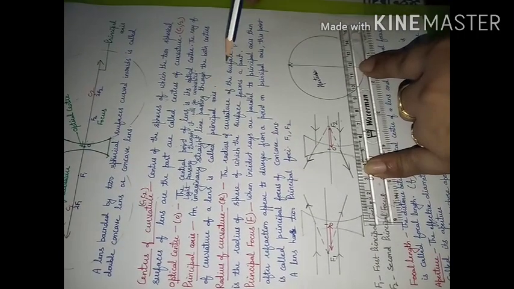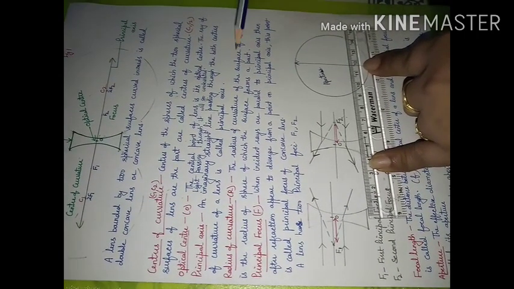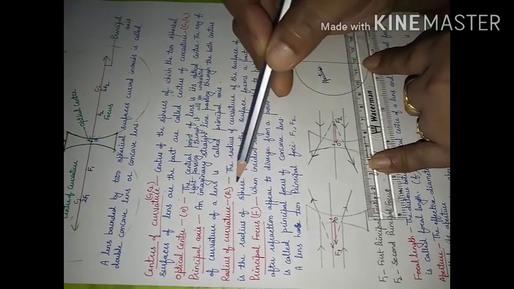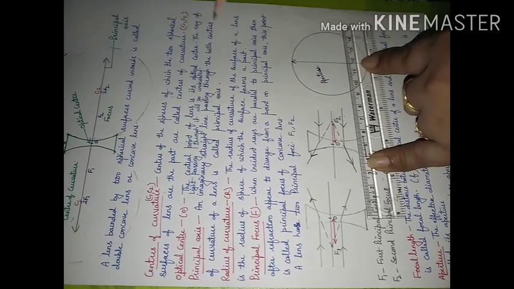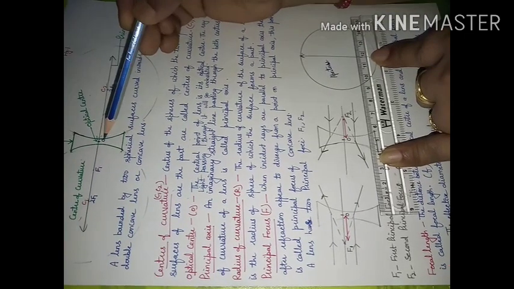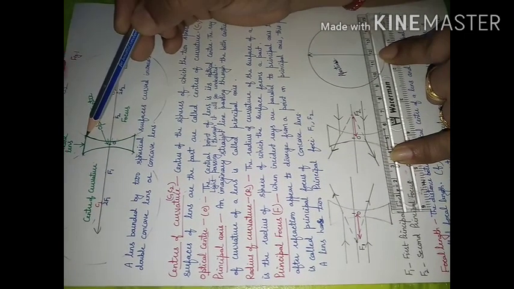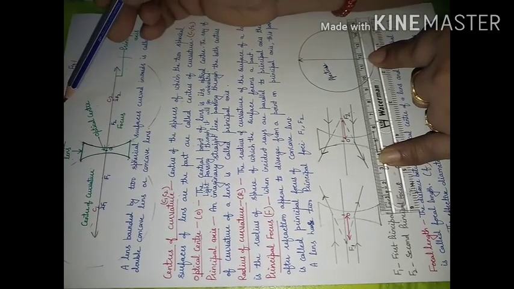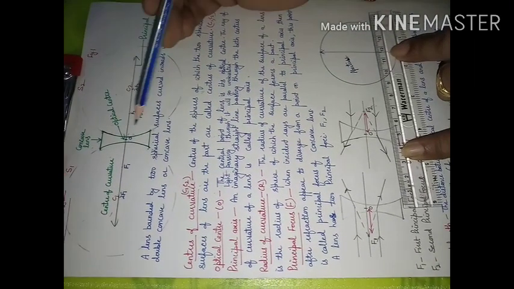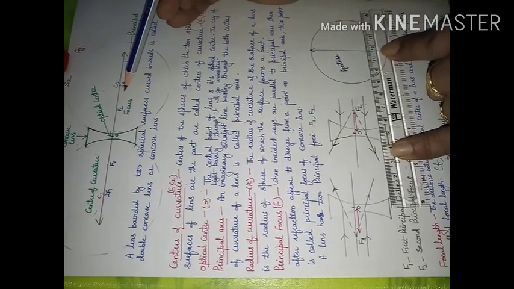The radius of curvature of a spherical surface of a lens is the radius of the sphere of which the surface forms a part. This is one surface of the lens, and this surface is a part of this sphere. So what is the radius of this sphere? That will be known as the radius of curvature.